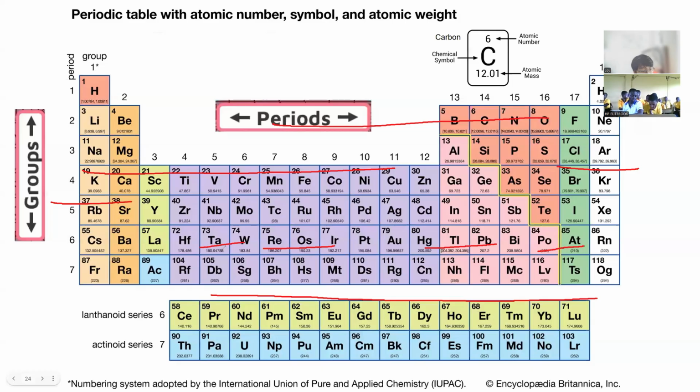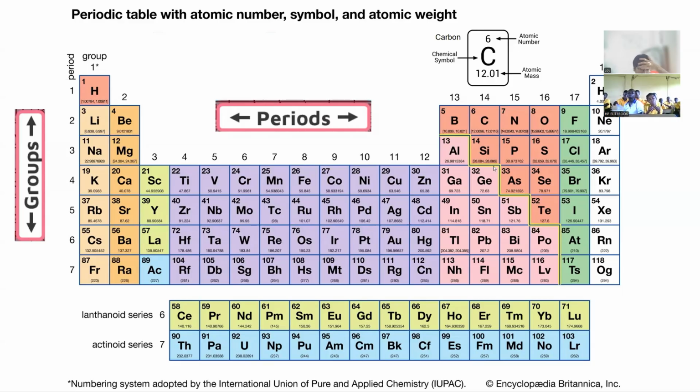Now let's look at this. So you guys all remember the periodic table, right? So we can see there is an increase in period. Actually, it's arranged a little bit wrong here. It should be periods down and groups to the right.